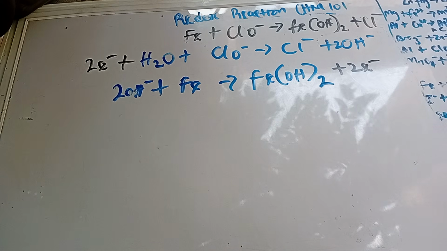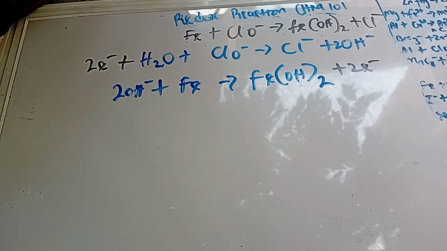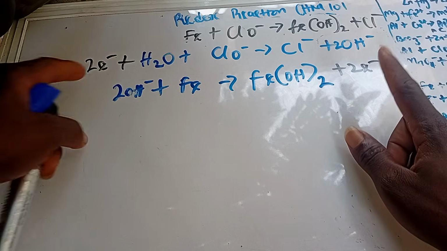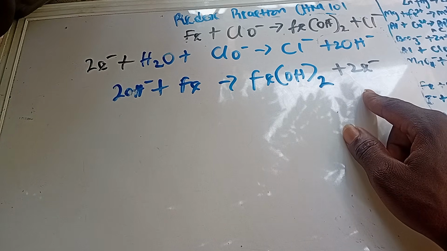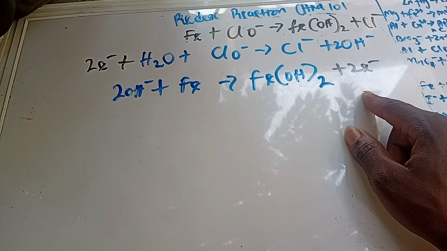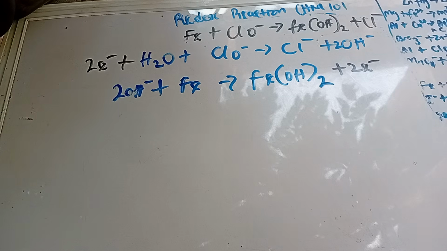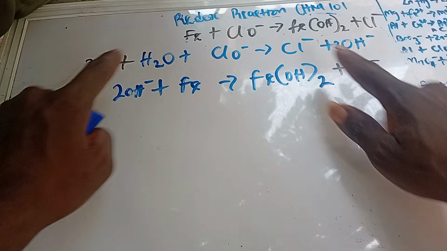So what's the next thing to do now? Since the electron we added to both is 2e minus and 2e minus, that means in the first place the equation is balanced. Do we get? Well, we don't know yet. Always try it by confirming.